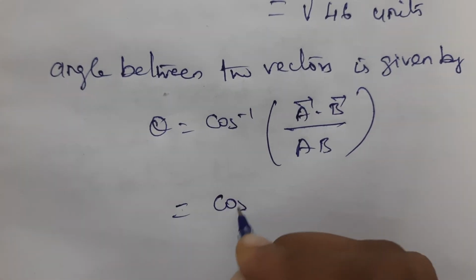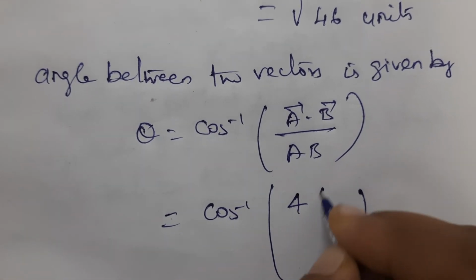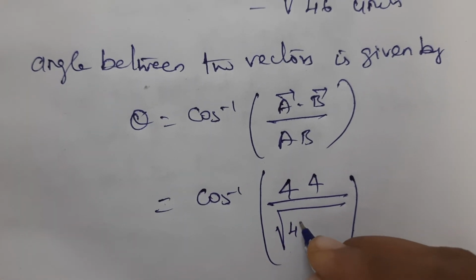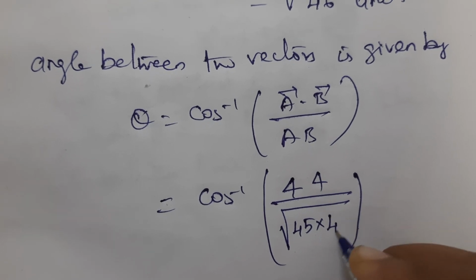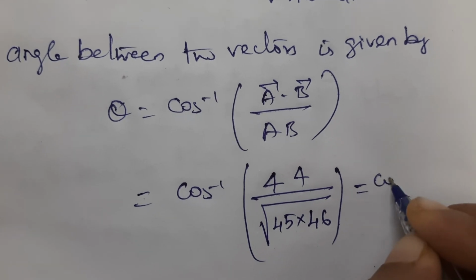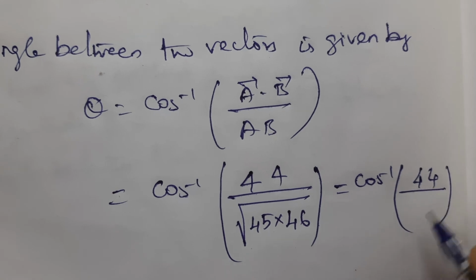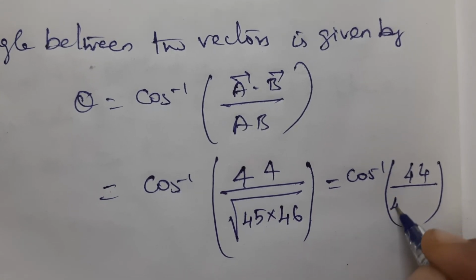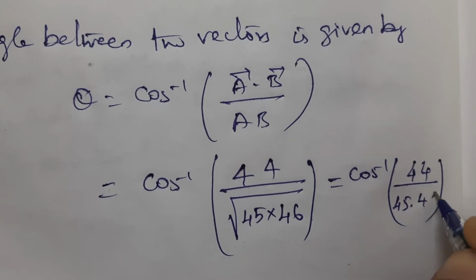So cos inverse of A dot B, which is 44, divided by A, that is square root of 45, into B, that is square root of 46. So we can write cos inverse of 44 divided by the square root of 45.5, that is 45.49.